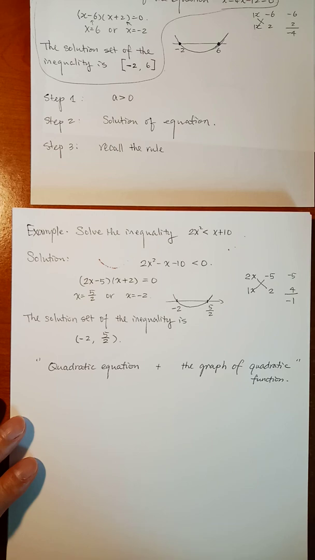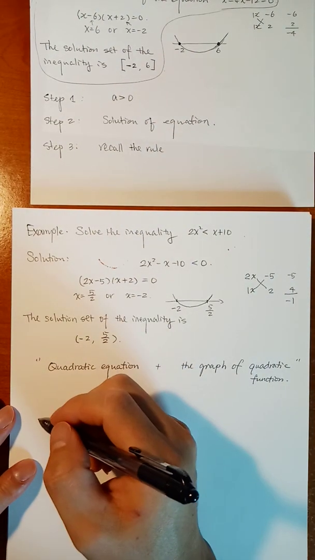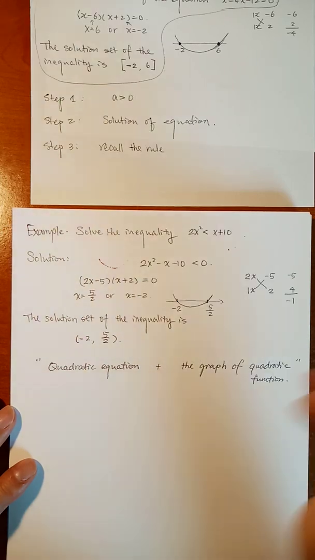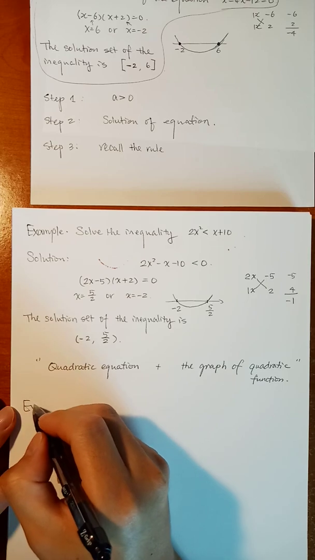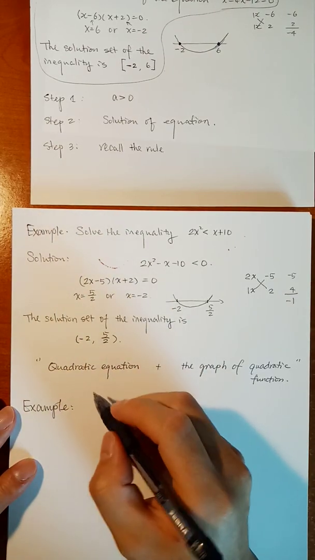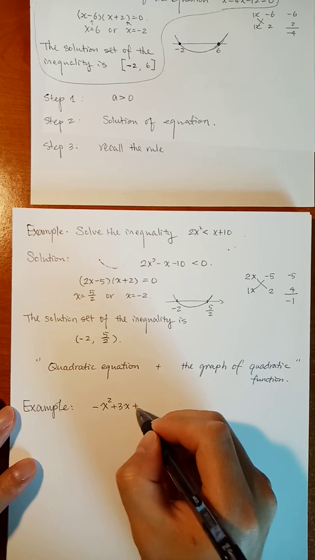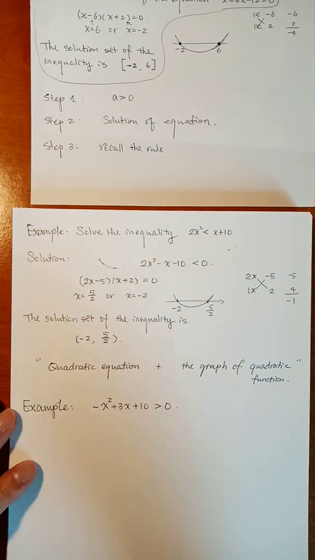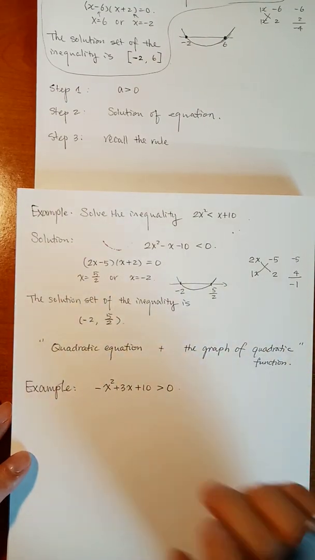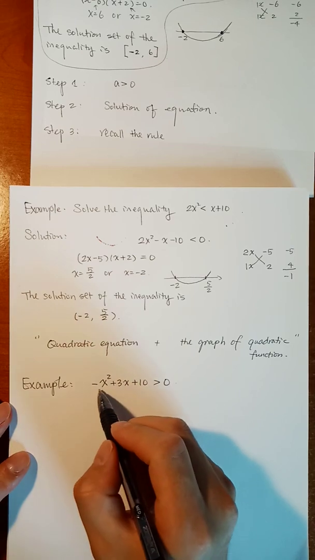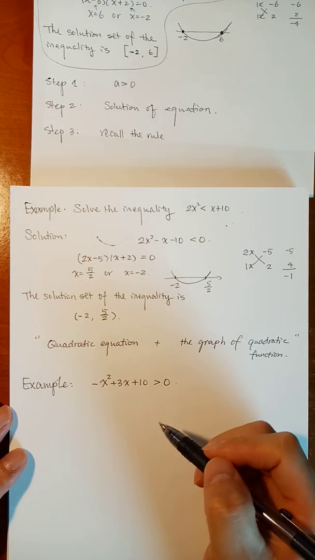So let's see one case when the leading coefficient is negative. For example, if we are looking for the solution set of such a quadratic inequality: negative x squared plus 3x plus 10 greater than 0.